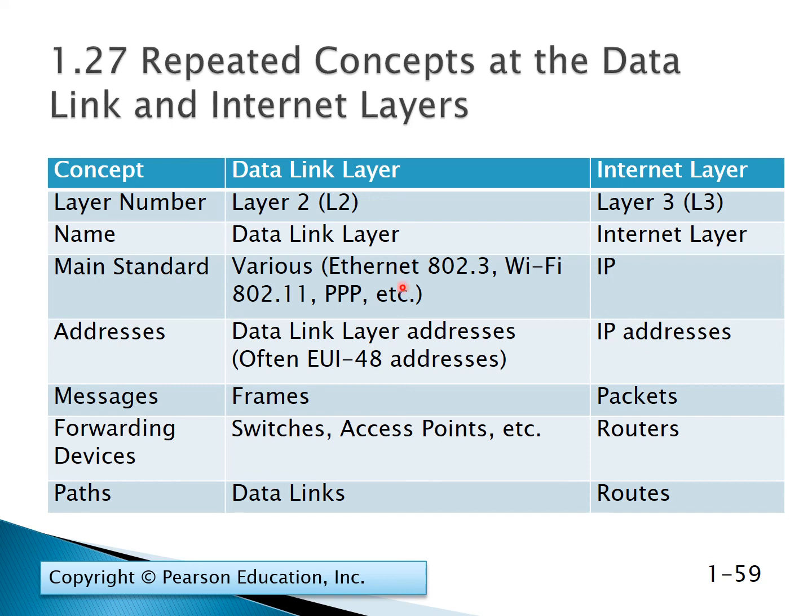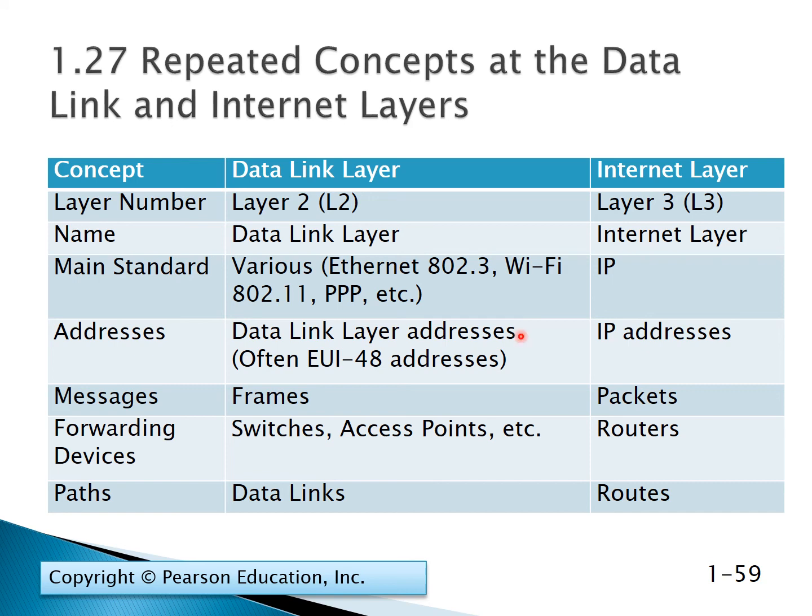They can be Ethernet, IEEE 802.3, which is the standard wired network using LAN cable and so on. Then you can have Wi-Fi, with different versions of Wi-Fi, and also point-to-point protocol and so on. So there are many different standards. But at the internet layer, there is only one standard, the IP standard, the Internet Protocol.